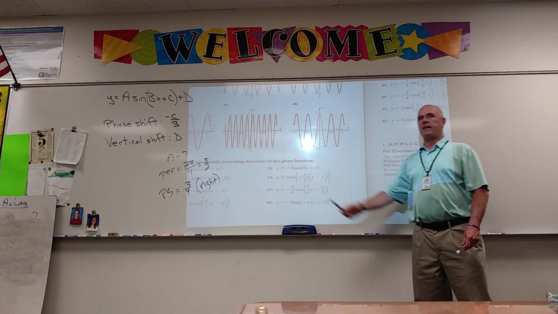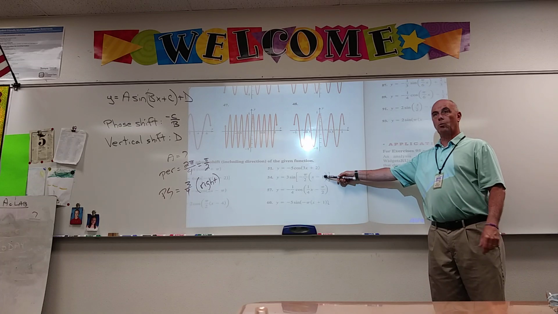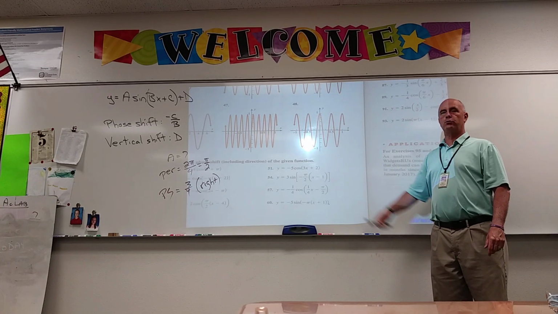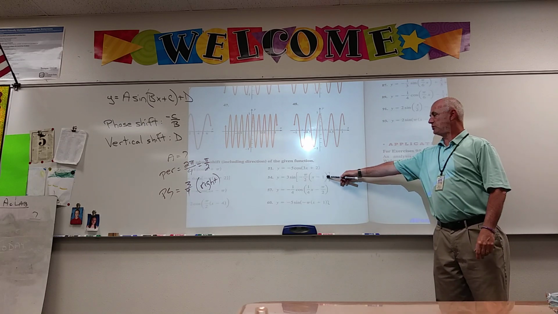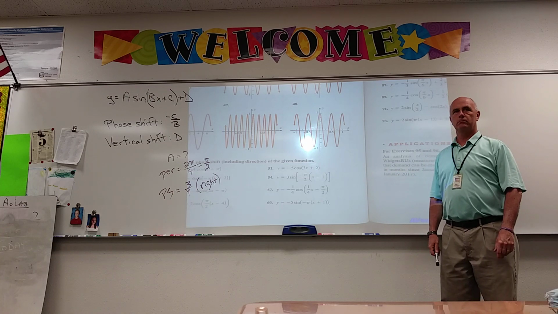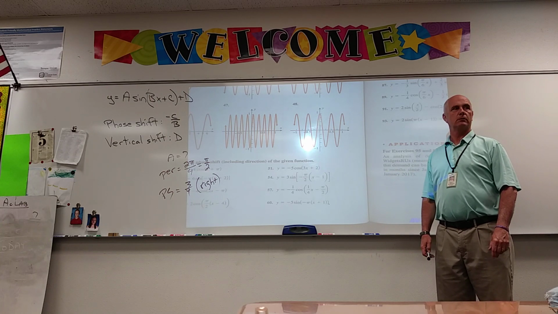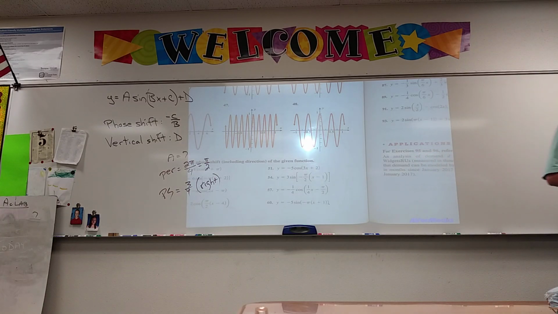So therefore, the phase shift on this one is simply 1 unit to the right. What is B? B is negative pi over 2.